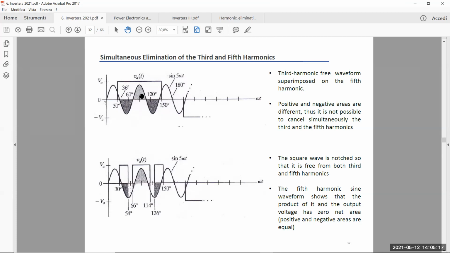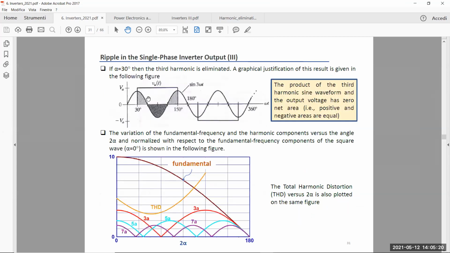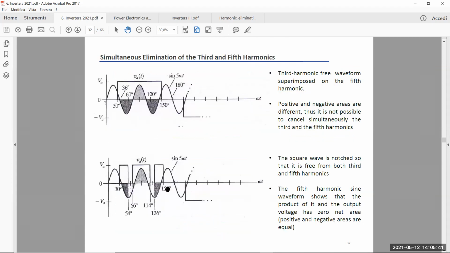So for the same alpha, 30 degrees, I can have a null integral, giving us B3 equal to 0, but B5 is not 0. This is exactly what I commented before. If I have the alpha which gives us 0 in the third harmonic, then the fifth harmonic is not 0. What I have to modify in this graphical representation, if I want to simultaneously eliminate the third and the fifth harmonic, is the voltage V naught a little bit.